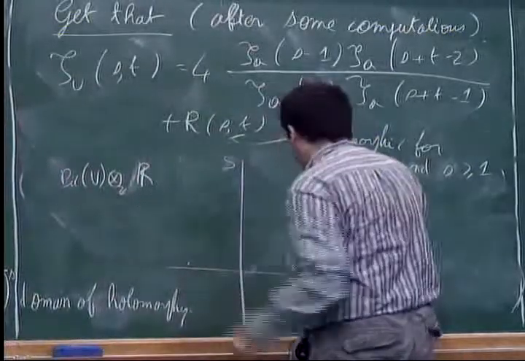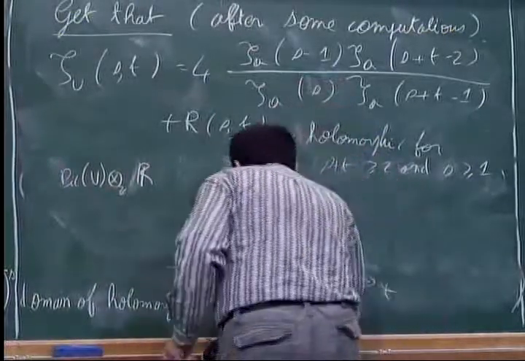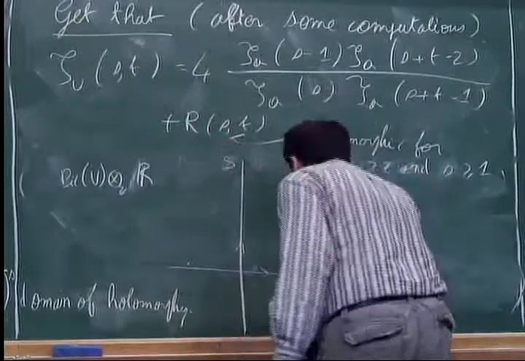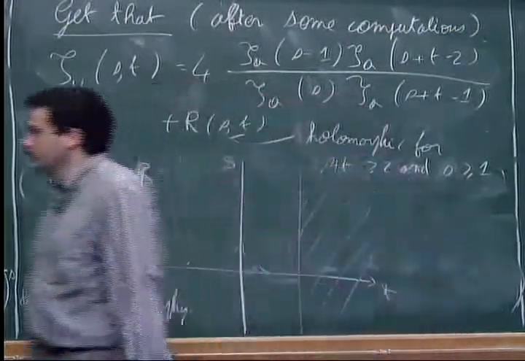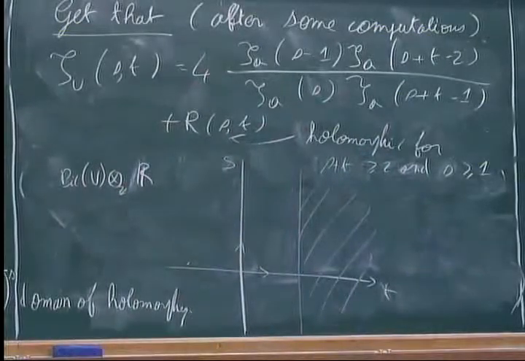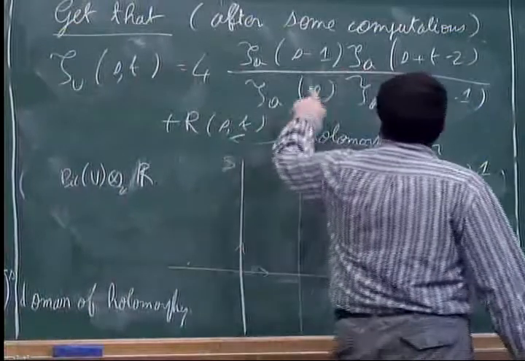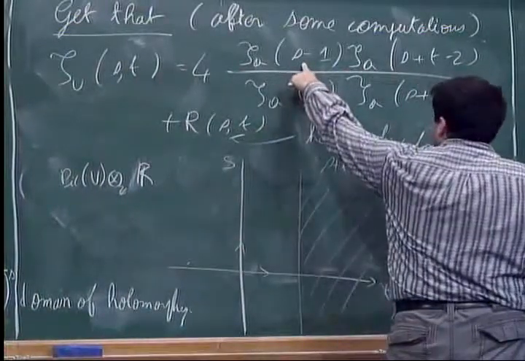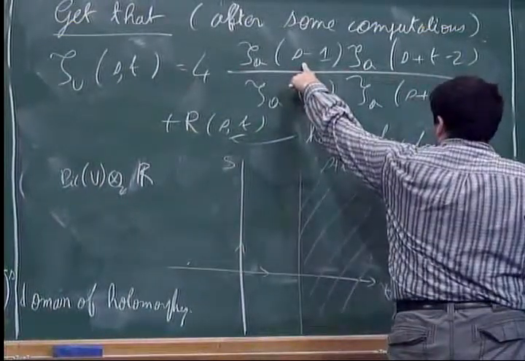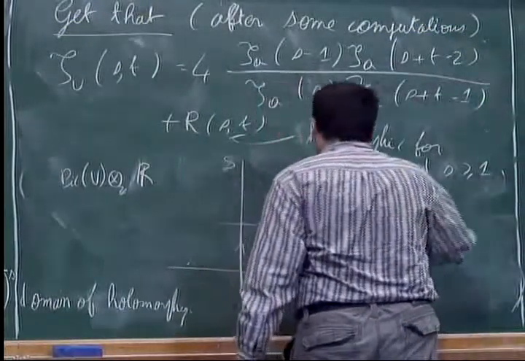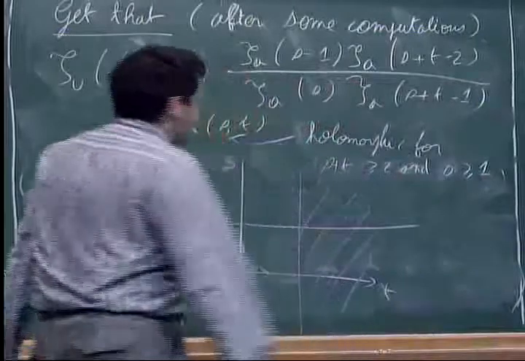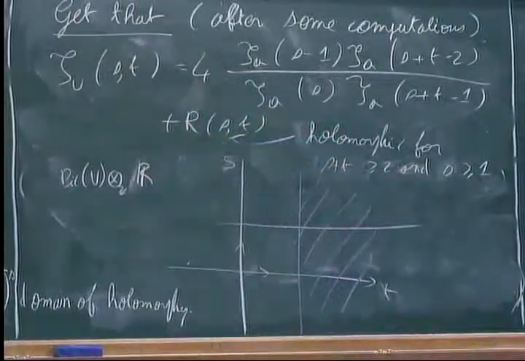So this one converges for T bigger than 2, so it's something here. And here I say that S has to be bigger than 2, so it's something around here. And S plus T has to be bigger than 3.